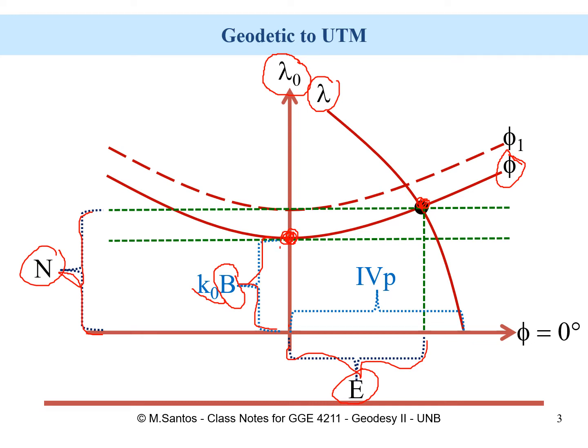We have this distance, and everything that we have to do now is compute this correction. So as I told you before, we have one initial term, and the rest of the terms are nothing else but corrections to account for this distance here.